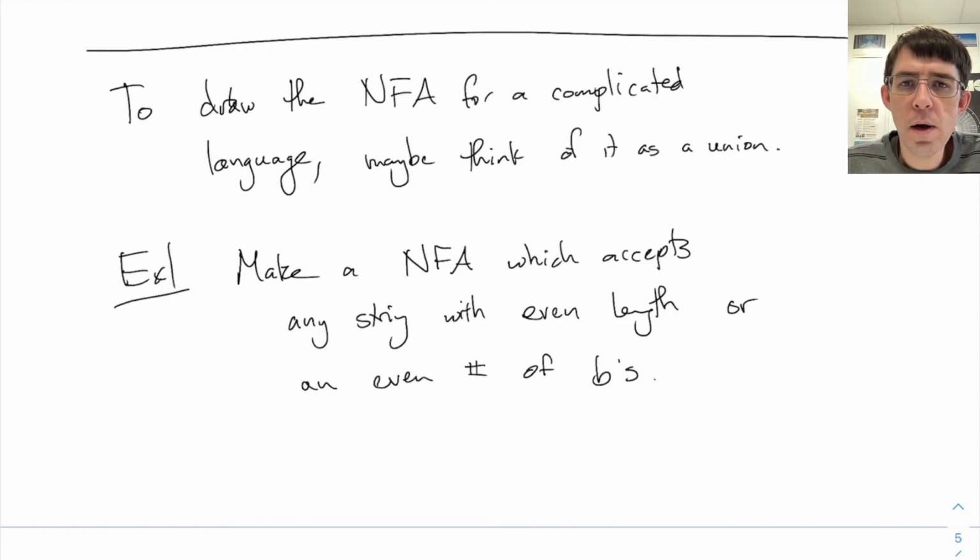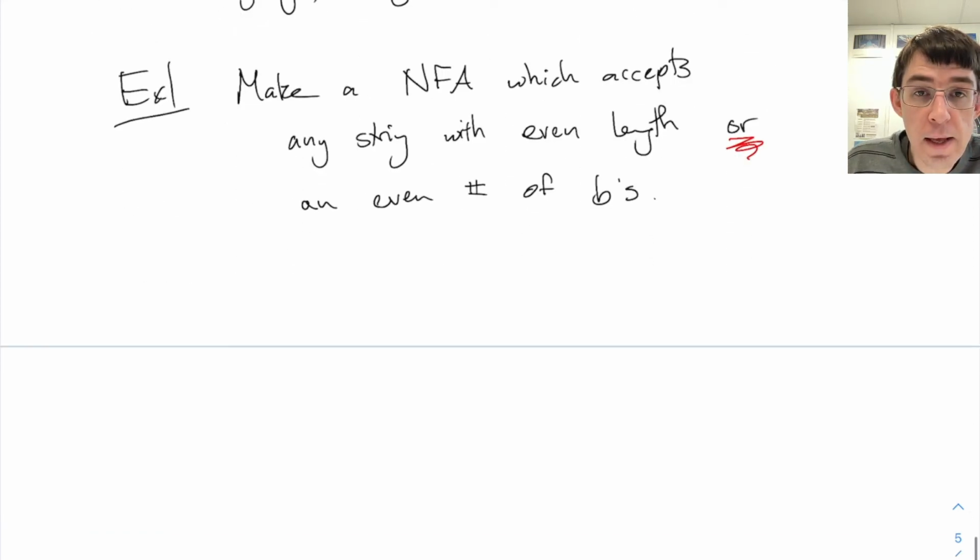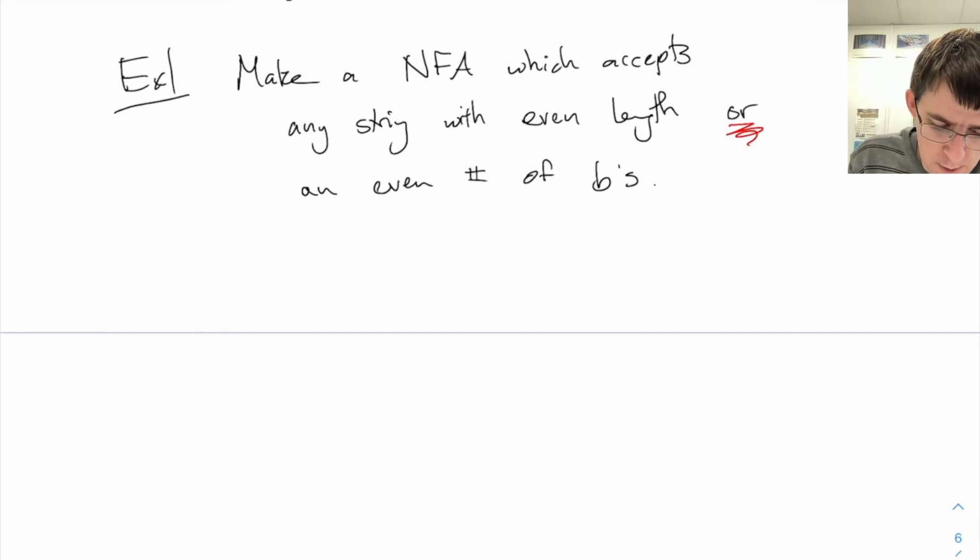All right. That is a hard kind of thing to even think about, even length or an even number of B's. Of course, many things which are even length would have an even number of B's, but not all. And it's a weird set. But I see this magic word or. That means I can think of this instead as a union.